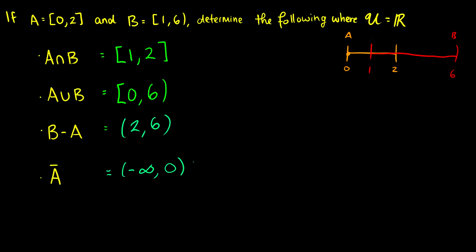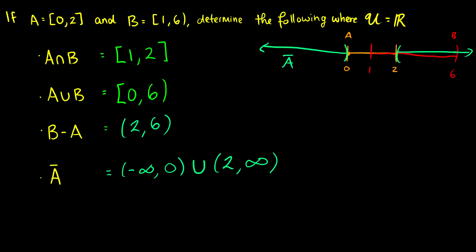But then it also includes everything just after 2 to positive infinity. So we have to use a union to describe this set, because essentially we have everything to the left of A, and we have everything to the right of A. So that is what our A complement would look like there.